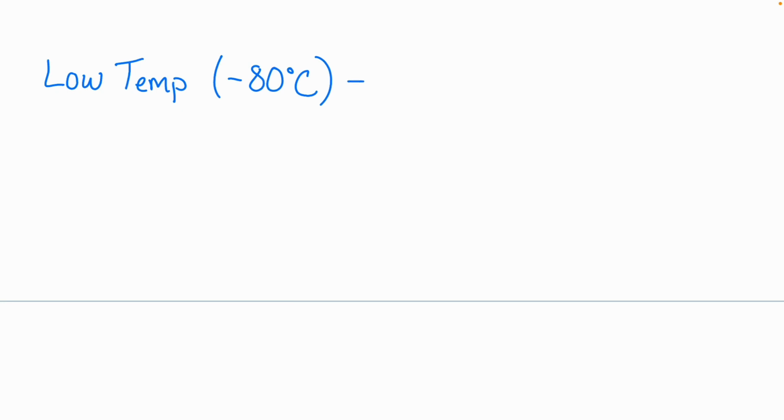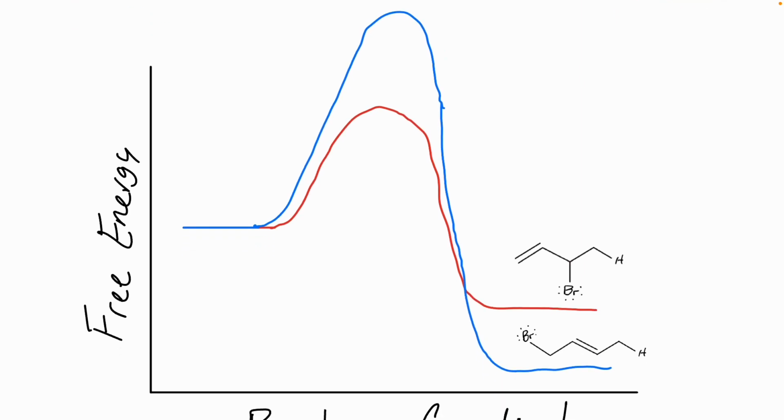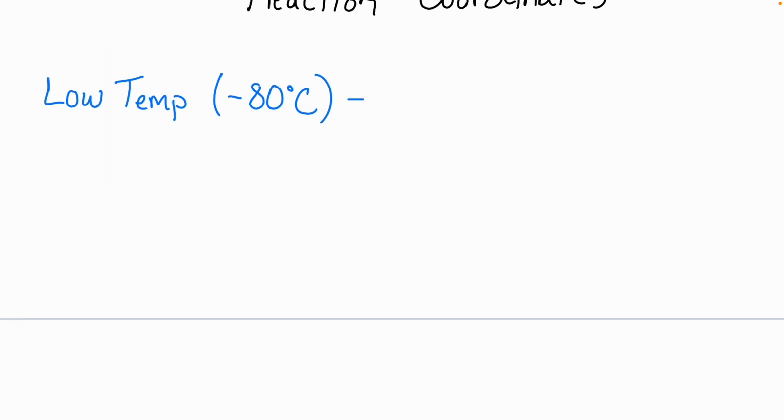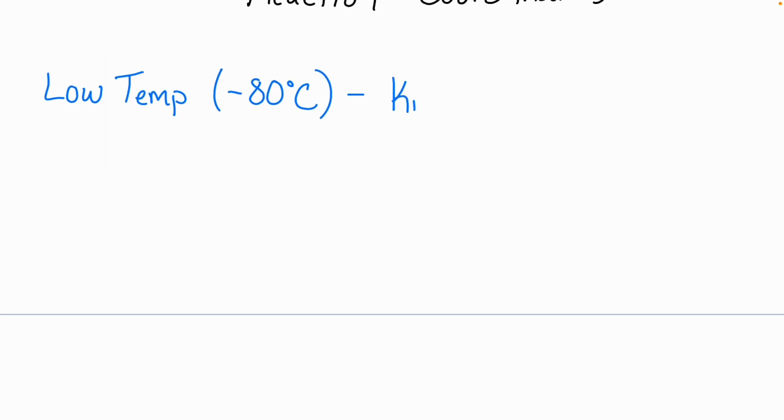At low temperatures, do I have a lot of energy to be jumping over barriers? No, okay? So at low temperatures, our reaction will favor what's called the kinetic product. Right? Our kinetic product is a fancy way of saying the product with the smallest activation energy barrier.